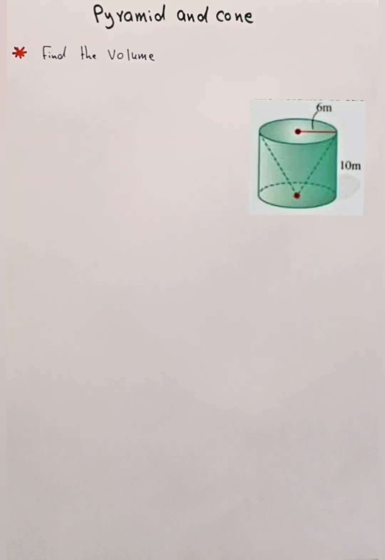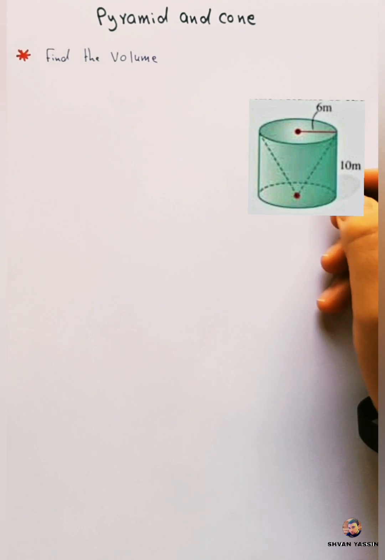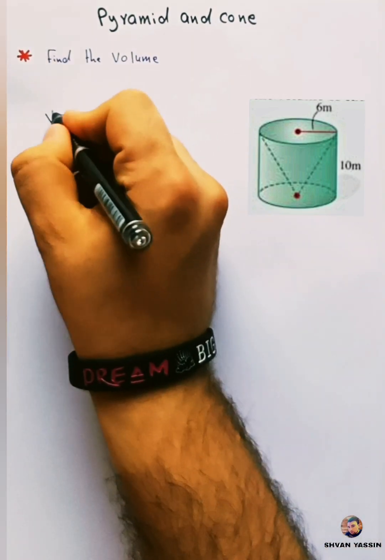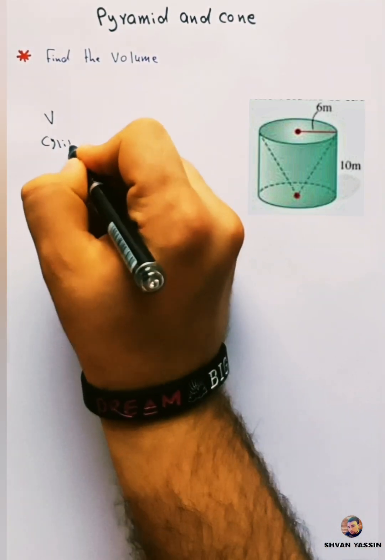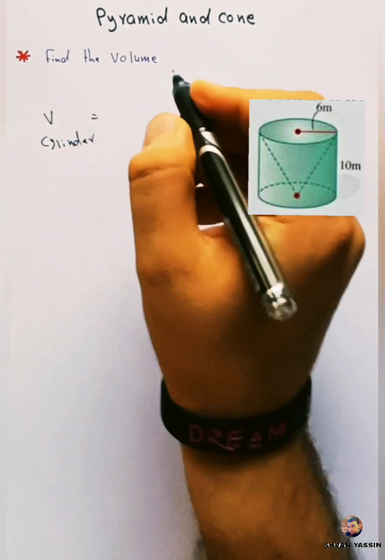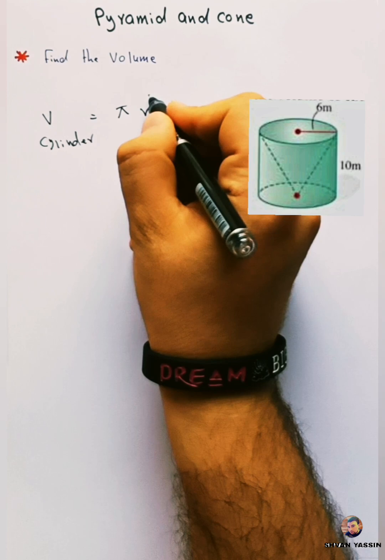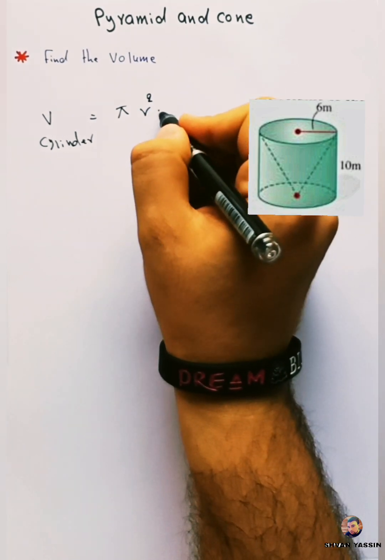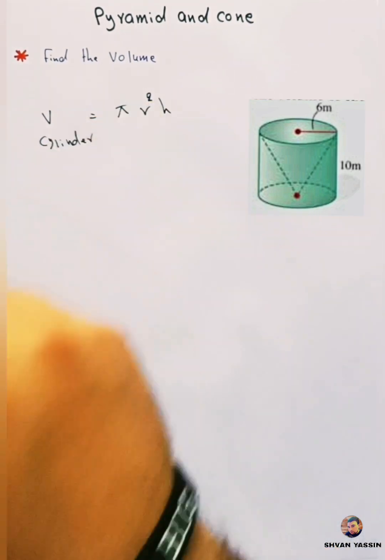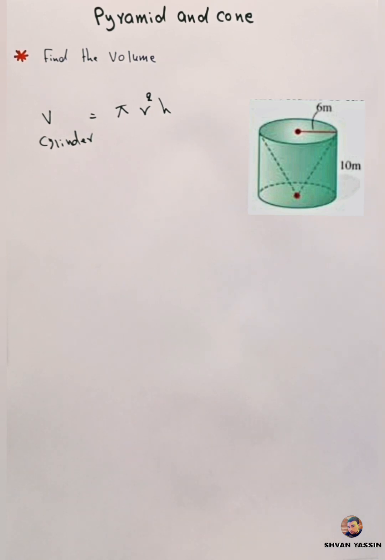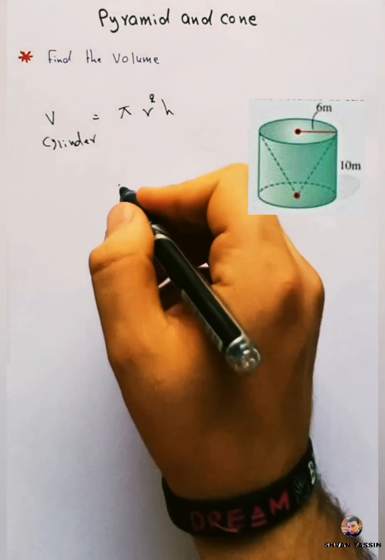After that, you have this composite figure. You have to find the volume for this composite figure. So we have a cylinder and a cone. First, the volume for the cylinder. The rule is pi r squared h. Pi r squared is the area for the base. The base is a circle, so the area for the base is pi r squared multiplied by h.